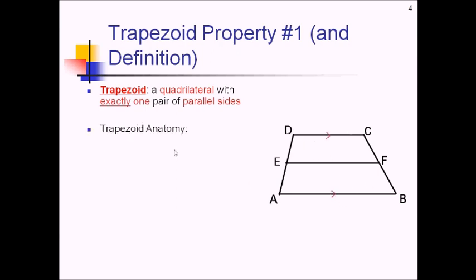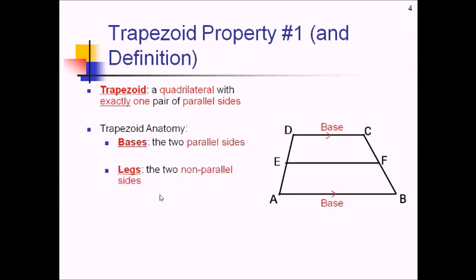And just to look at some of the anatomy now, the bases of a trapezoid, which we'll refer to sometimes, those are the two parallel sides. So DC and AB in this one. And then this is in contrast to the legs of a trapezoid, which are the non-parallel sides over here, AD and BC. The base angles are the two angles that are on the same parallel side.